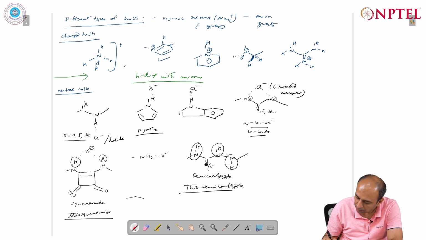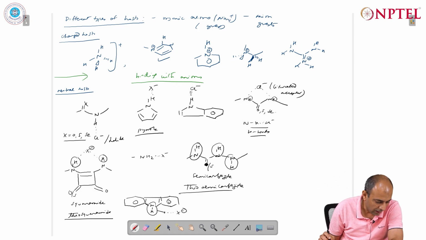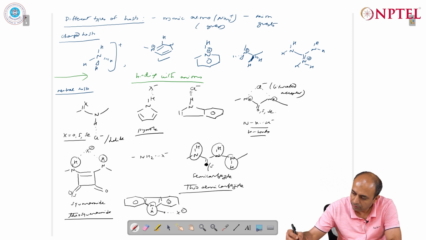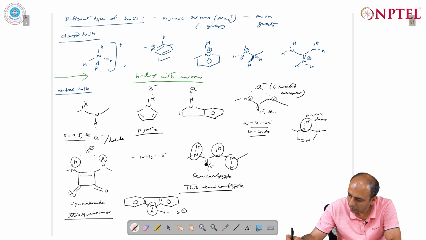We can also have carbazoles, and these have a donor which can now interact with your halide. And we also have the triazoles, and we see that this is an acidic donor.